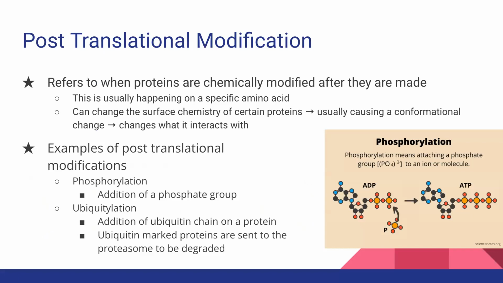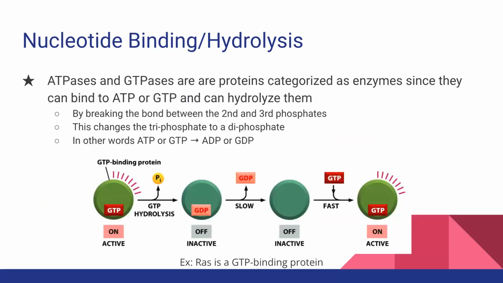Any questions about post-translational? Okay. And then nucleotide binding and hydrolysis. ATPases and GTPases are enzymes because they bind to ATP or GTP, and then they hydrolyze the bond between the second and third phosphate. They cleave that bond.